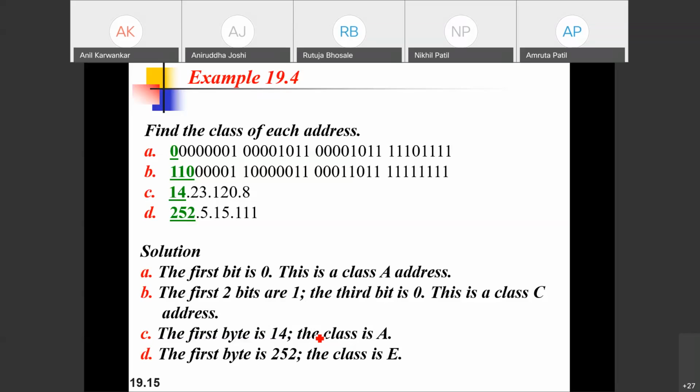If it starts with 0, it's always a class A. In the dotted decimal, if it falls in the range of 0 to 127, then it's always a class A. If the IP address starts with 128 to 191, it's a class B. If it starts with 192 to 223, then it's a class C. Then from 224 to 239, it's a class D. From 240 to 255, it's a class E type of dotted decimal representation.